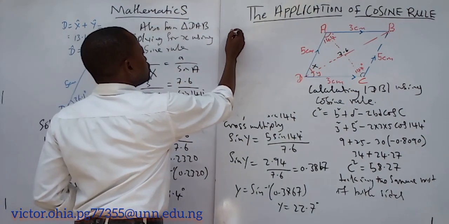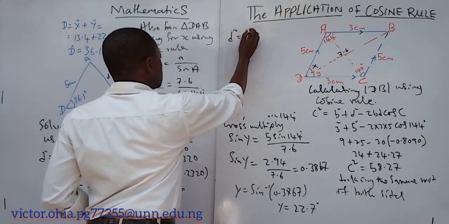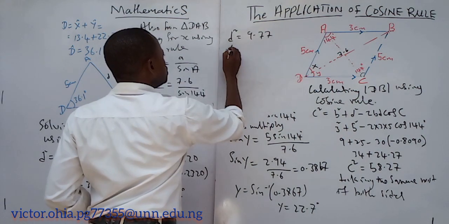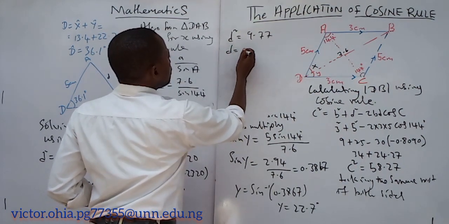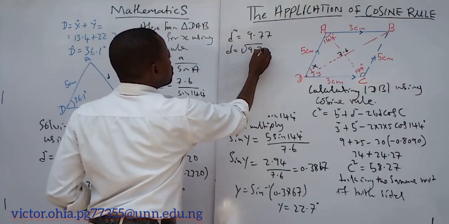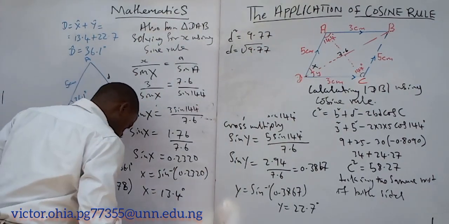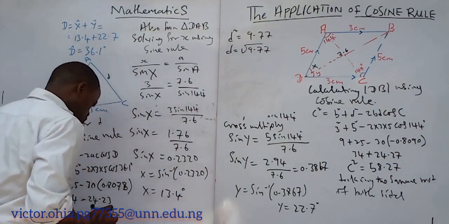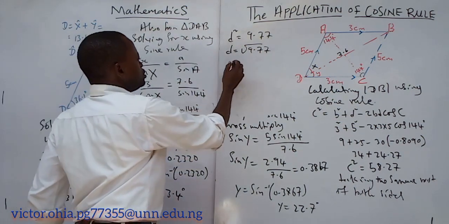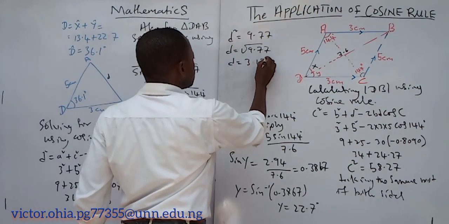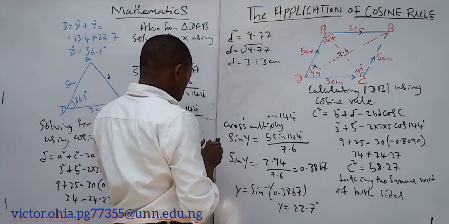So d squared equals 9.77. So d is equal to the square root of 9.77. Let me check the square root of that. D is equal to 3.13 cm.